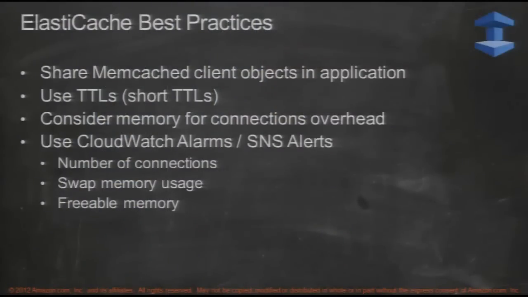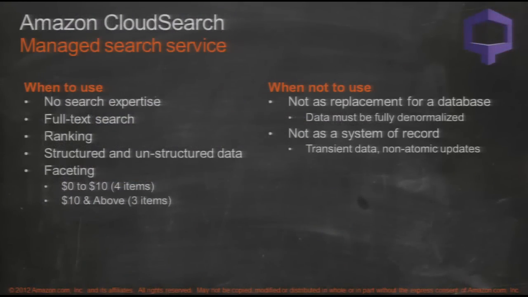You may want to increase the connection memory that you give, as well as potentially try to increase the size of the node in your cache cluster. Obviously, we have CloudWatch metrics and alarms that you can set, that may page you or call another system to do the adjustments automatically. So those are some of the top practices here.